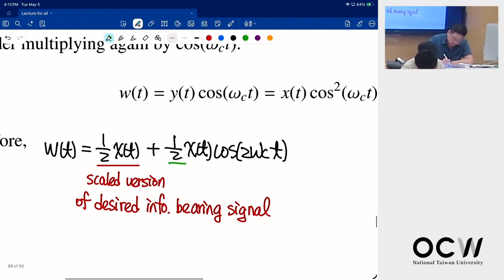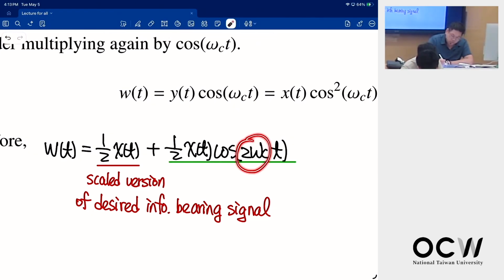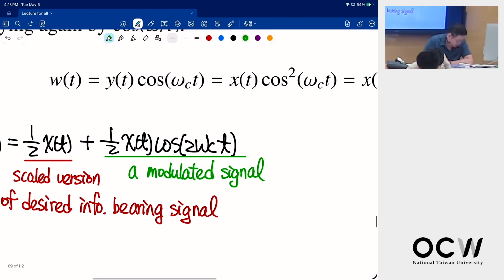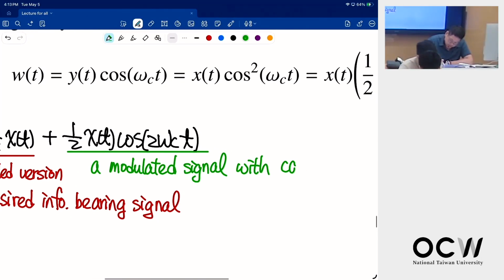The second part, and here you see they have 2 omega c, so the second part is a modulated signal, and the carrier is 2 omega c.